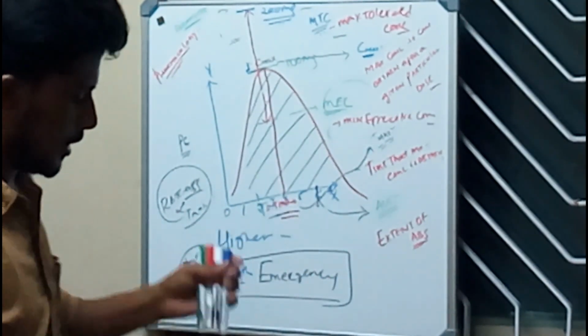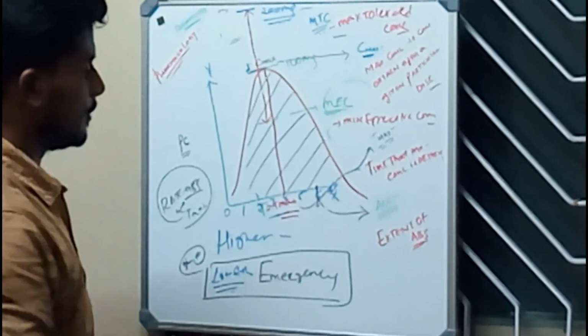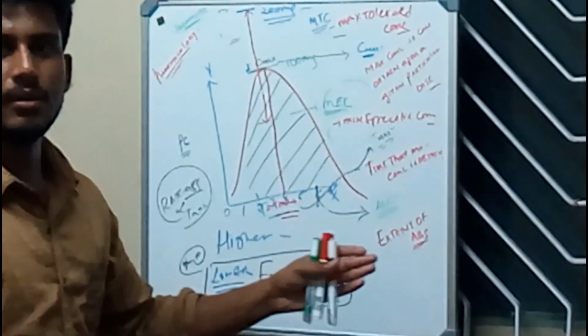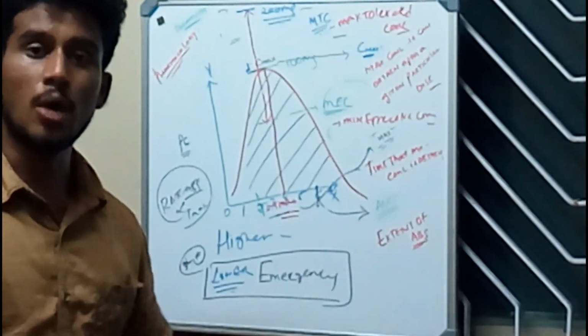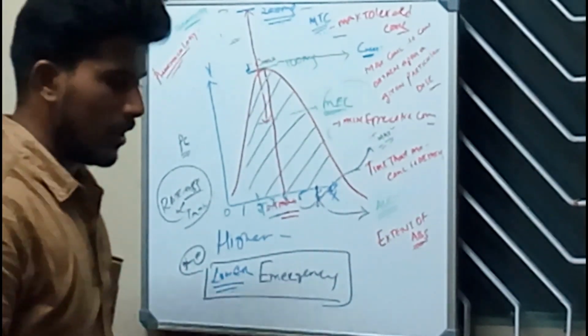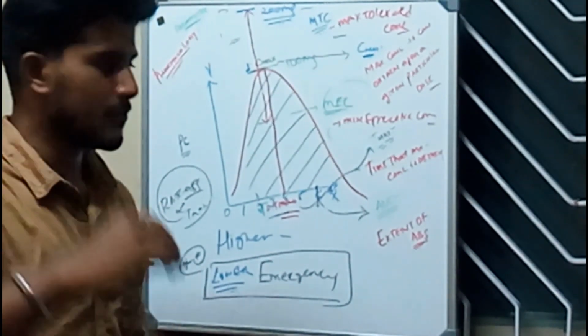Well, we understood this point, and compared with that, if you come to the AUC, the area under the curve, it is nothing but the extent of absorption. We usually say for everything there is some extent. This area means the extent of absorption.